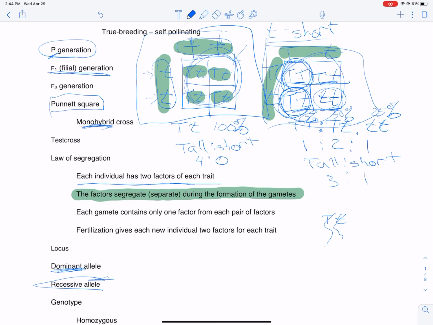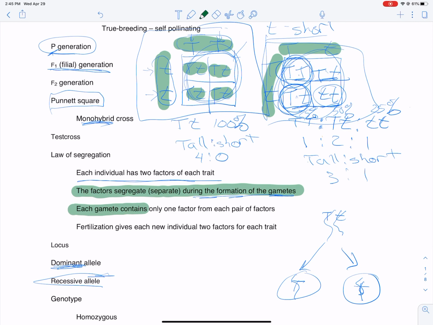Well, when they divide in meiosis in the final step, I'm only going to have one trait over here, and in this case, the other trait over here in those eggs or the sperm, whichever one. They segregate during the formation of the gametes.